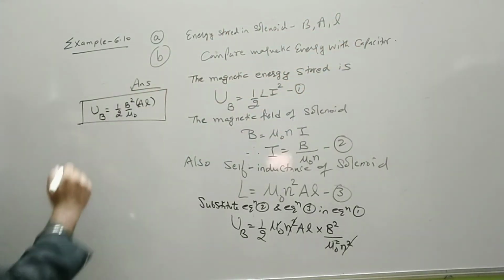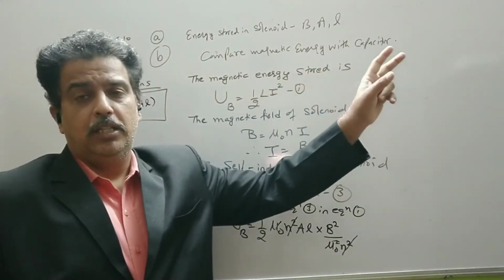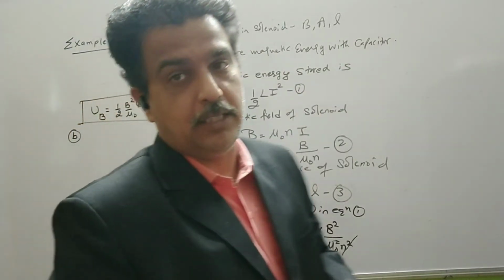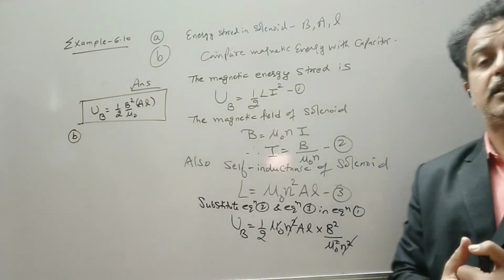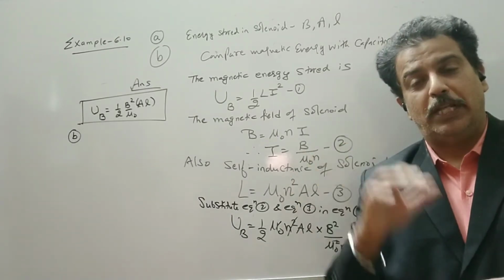Now we have to compare this magnetic energy with the energy stored in a capacitor. As far as the capacitor is concerned, the general formula was half C V square.